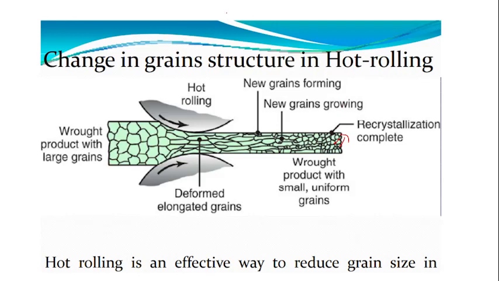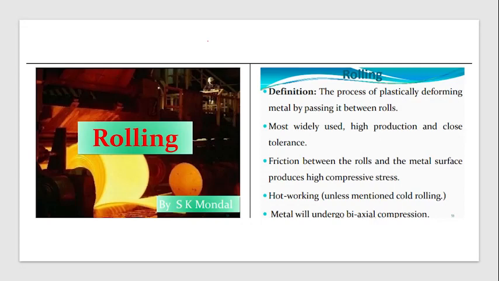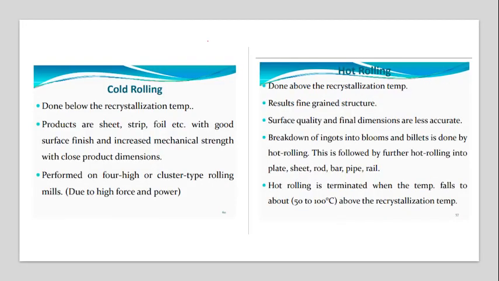There are two different kinds of metal form: cast alloy, which you get directly from casting, or wrought alloy. Wrought alloy means some kind of plastic deformation or cold working has happened on your alloy. One thing you have to remember is that hot rolling is an effective way to reduce the grain size.